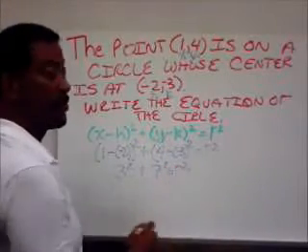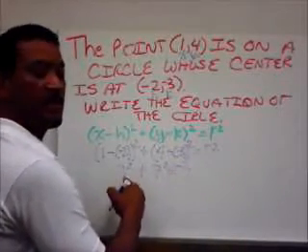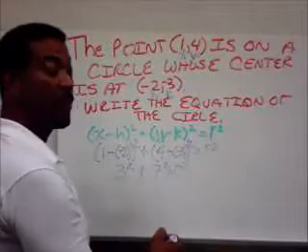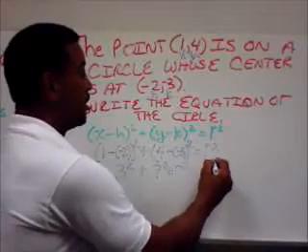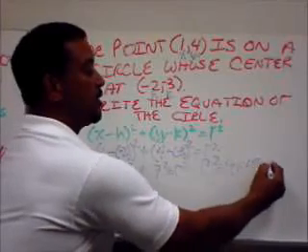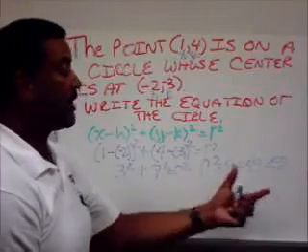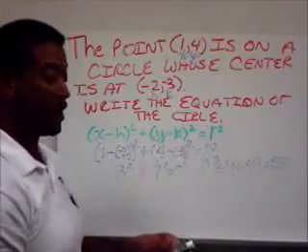That's going to give us r squared. Of course, 3 squared is 9, 7 squared is 49, and 9 plus 49 is going to give us 58. That's our r squared that we need for this equation.